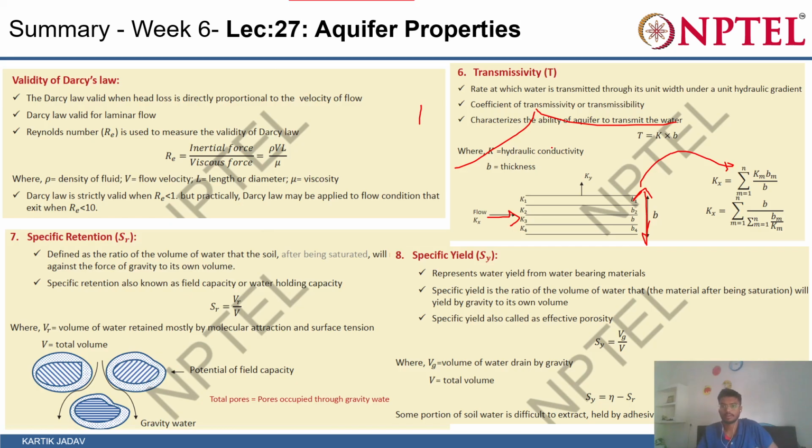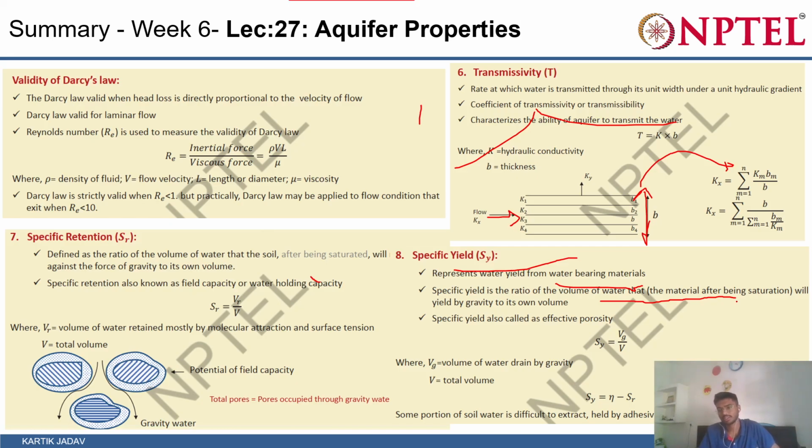And then we have specific yield. Specific yield represents the water yield from water bearing material, and it is the ratio of the volume of water that will yield by gravity to its own volume. Specific yield is also called effective porosity.